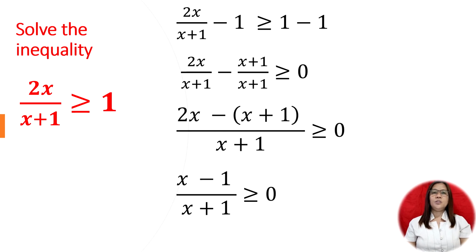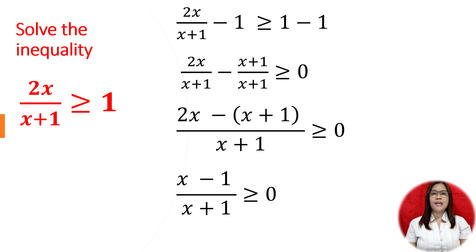Solve the inequality 2x over x plus 1 is greater than or equal to 1. First, we write the inequality as a single rational expression on one side and 0 on the other side. Subtract both sides by 1. So we have 2x over x plus 1 minus 1 is greater than or equal to 1 minus 1.